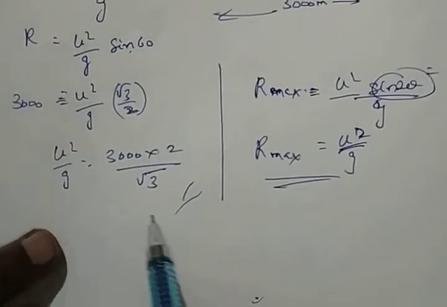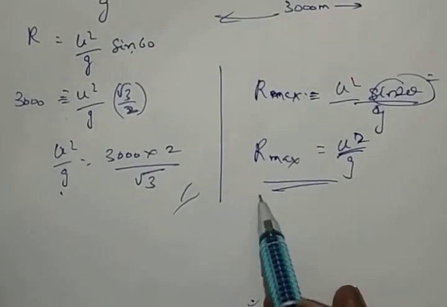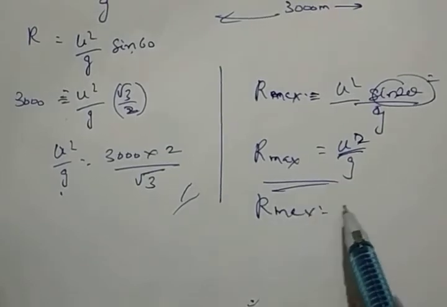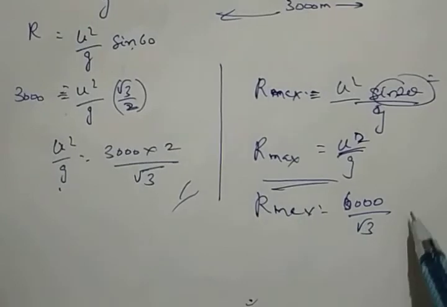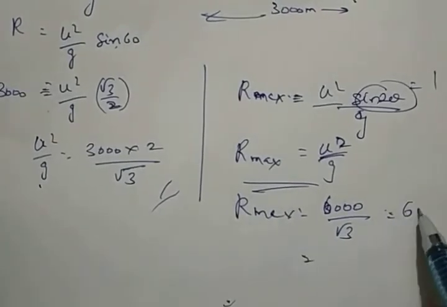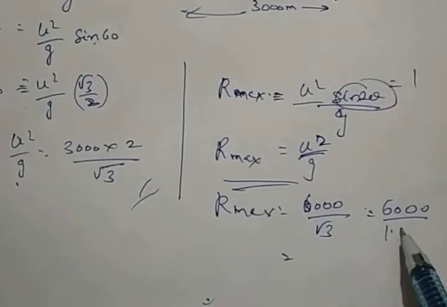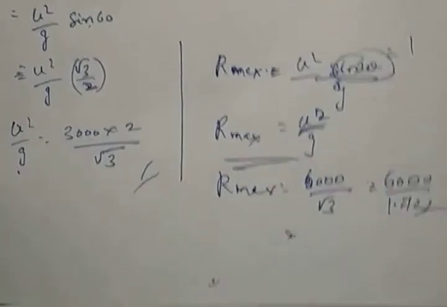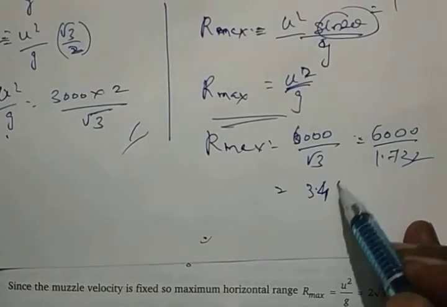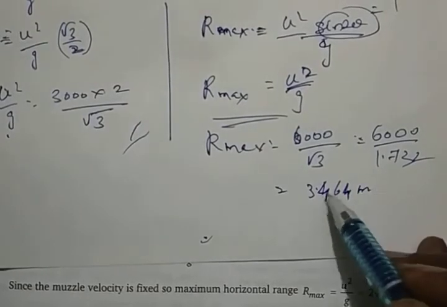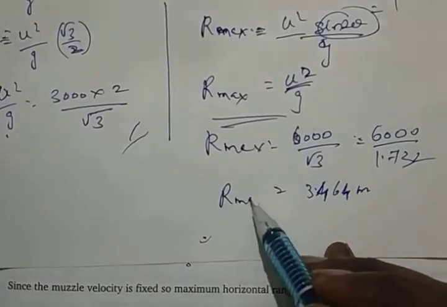U square upon g is already here. So the maximum range is 6000 upon 1.732. When you compute this value, you will get 3464 meters. That is the maximum range.